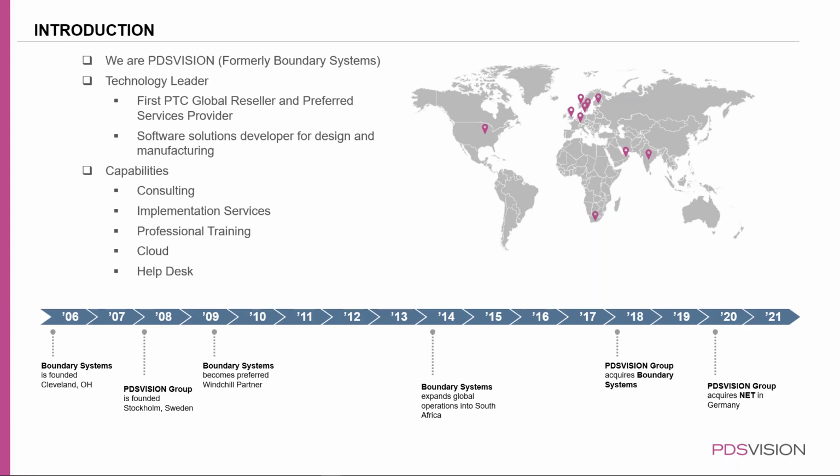Just a brief background between Boundary Systems and PDS Vision. Boundary Systems was founded in 2006. PDS Vision was founded in 2008. Boundary Systems became a preferred Windchill partner in 2009. We also opened up offices in South Africa. In 2018 is when we actually became a part of the PDS Vision group, and PDS Vision also acquired additional companies during that time.